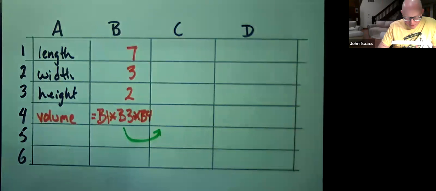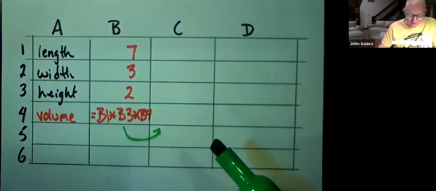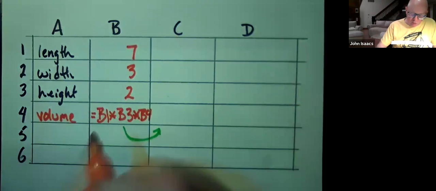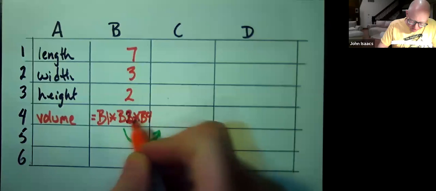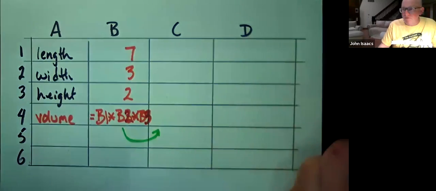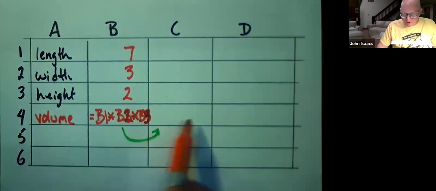It's not going to copy equals B1 times B2 times B3. It's not going to give you B1 times B2 times B3.